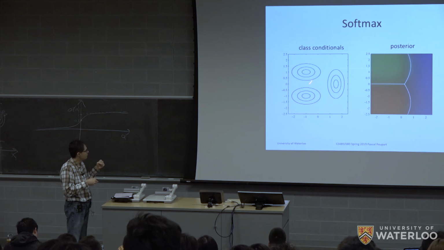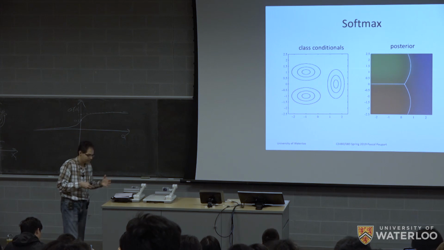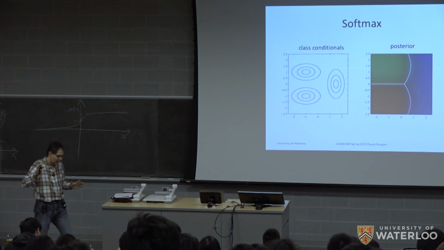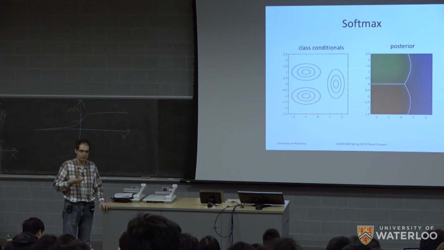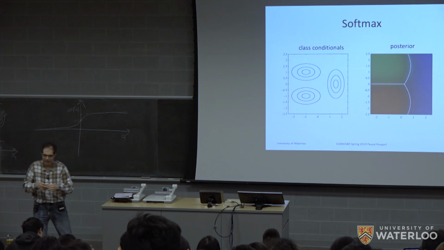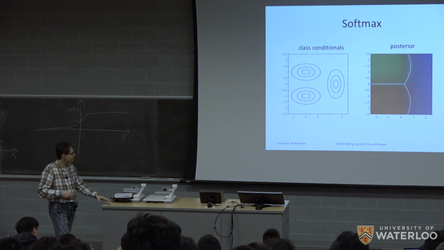Right? So the shape of those contour lines is determined by the covariance matrix. So here they have the same shape, that's the same covariance matrix. Here there's a different covariance matrix. But then, in general, we don't have to always use the same covariance matrix. So in this picture, I'm just illustrating what happens when we have three classes and different covariance matrices.